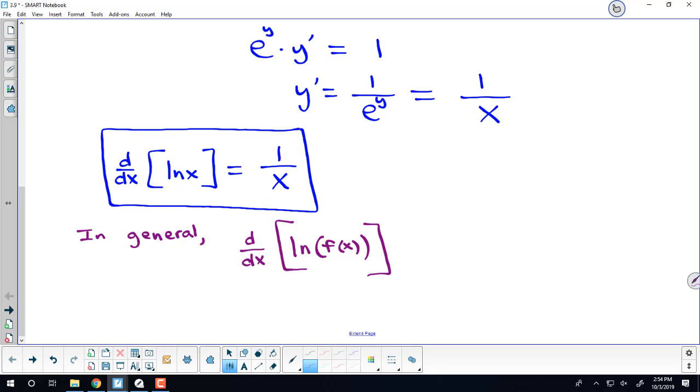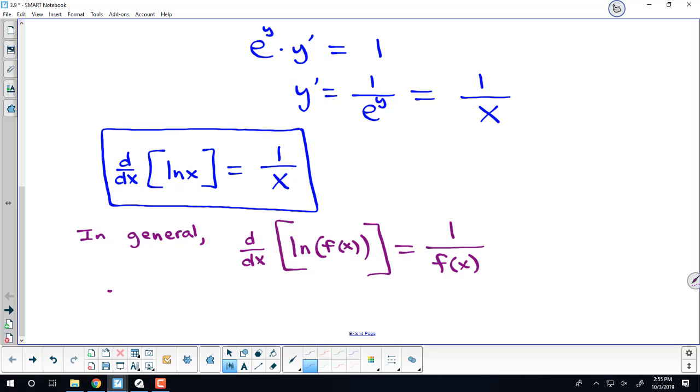So what would the derivative of the natural log of f of x be? 1 over f of x, right? Because here's the derivative of natural log of this argument. It says it's 1 over the argument. So this is 1 over f of x. Are we missing anything? We need the f of x prime. Right. So we have 1 over the argument. That's the derivative of the outside, right?